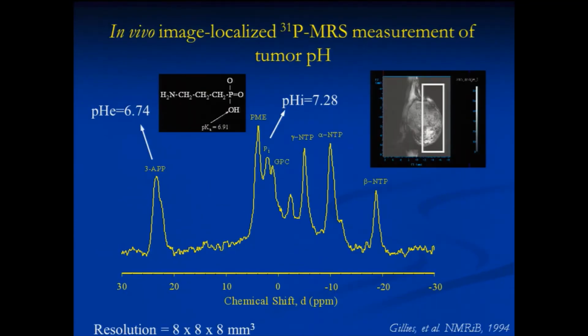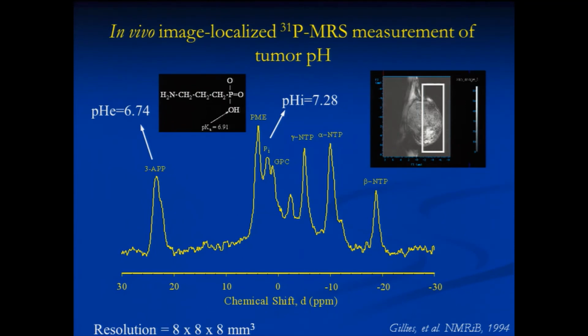So here's an example of a study that was done in the Gillies group a while back. It's using phosphorus magnetic resonance spectroscopy, single voxel. You can see here's a tumor, a xenograft tumor. Here's the voxel. An agent, 3-APP, is used, and its chemical shift is pH dependent. And it is excluded to the extracellular environment.